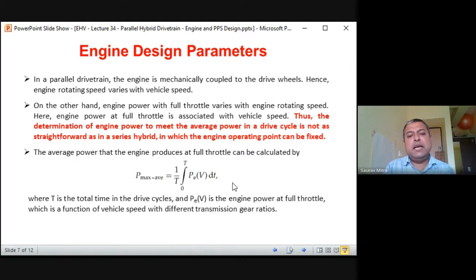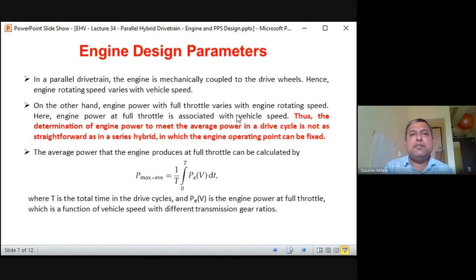So this slide is very important. Here you have to understand that maximum power from the engine does not mean maximum efficiency. So this is finishing the engine design parameters. Mainly you have to explain the two graphs. One is the graph with only the torque and vehicle speed and with gradability.